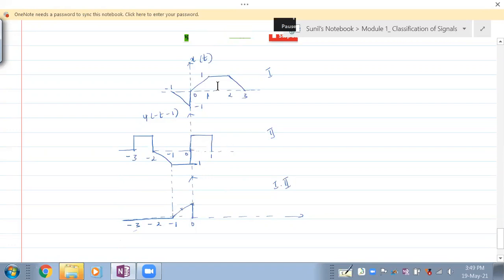So the same signal needs to be there from 0 to 1. From 1 onwards, this is 0. Some signal into 0 would be 0. So this is how your signal is going to look like. If you multiply these two signals, this is the answer.